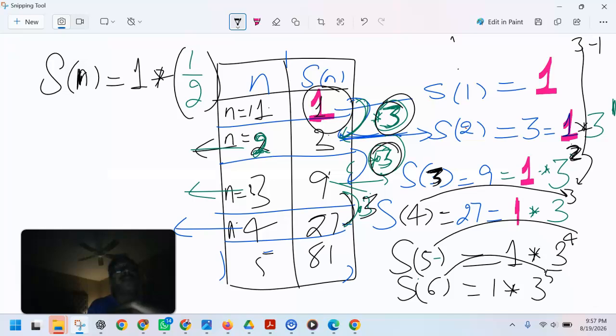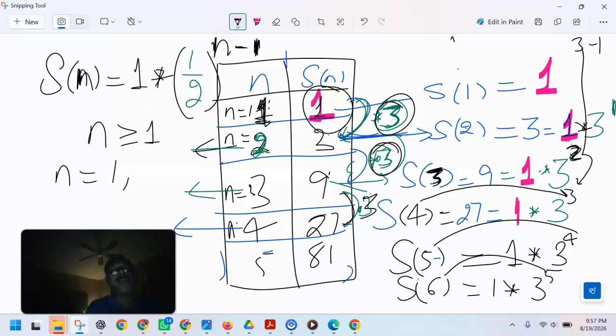So if this is n, this is n minus 1. And here you say n is greater than or equal to 1, because you start with n as step number 1. What does this mean? 1, 2, 3, 4, like that. I hope I make sense. This completes that.